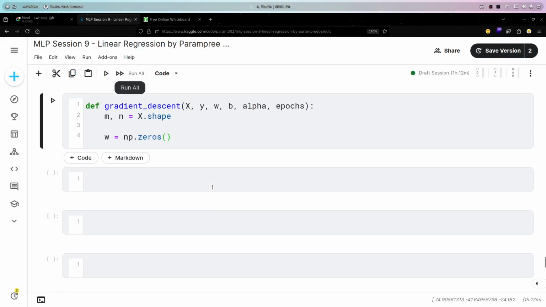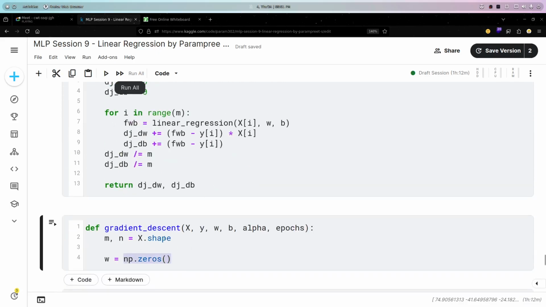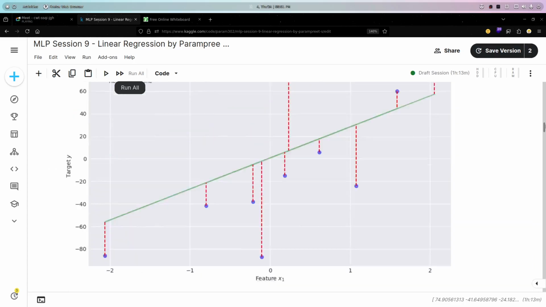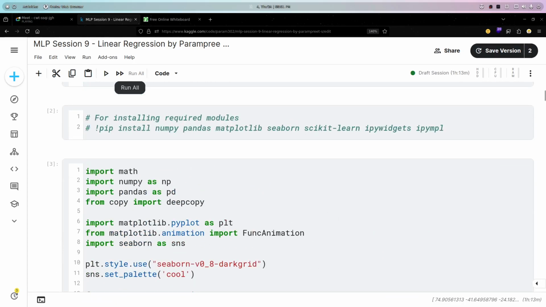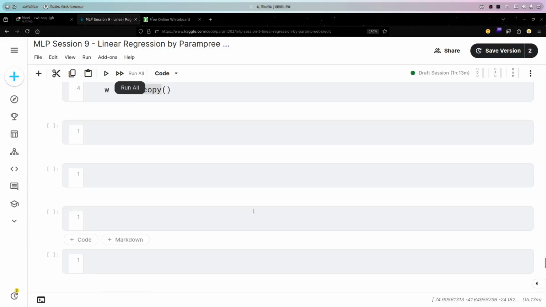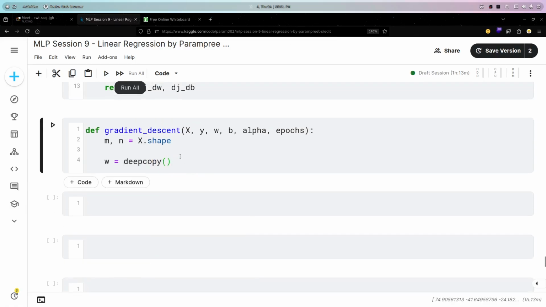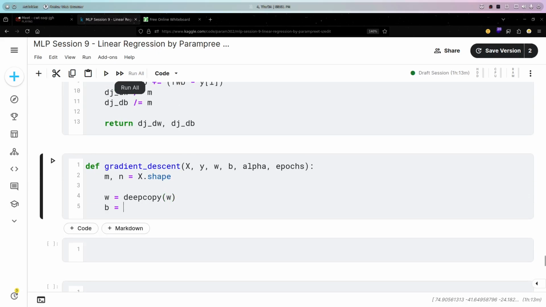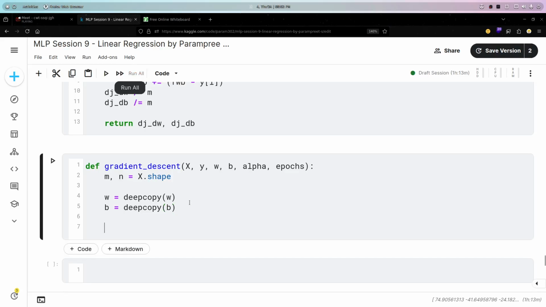Here we are passing the w and b as it is. So what we are doing here is creating a copy of it. I am using the deepcopy function from the copy module. There is a module in Python which is copy, and in this we have deepcopy. Deepcopy basically copies the complete data structure from the very end, so there won't be any similar pointers, you can say. I'm copying it for the b as well as for the w, because we have to update this w and b.